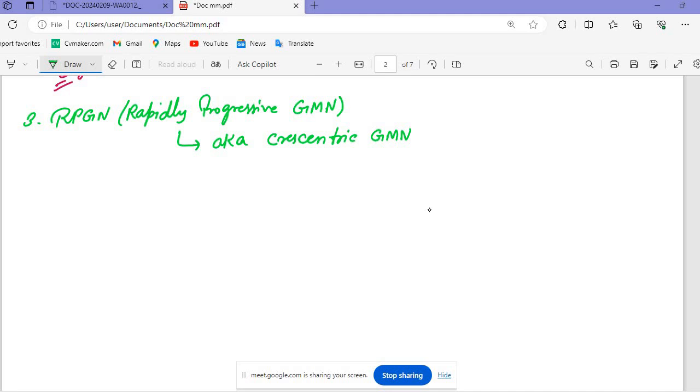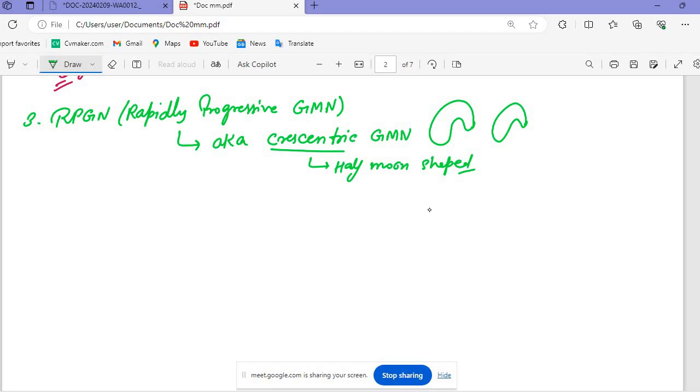Why do we call this crescentic glomerulonephritis? The glomeruli will become crescent shaped. Remember, that's why we call this condition crescentic glomerulonephritis. What is crescentic? It is half moon shaped.